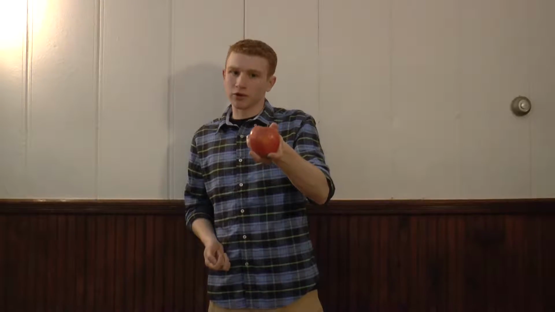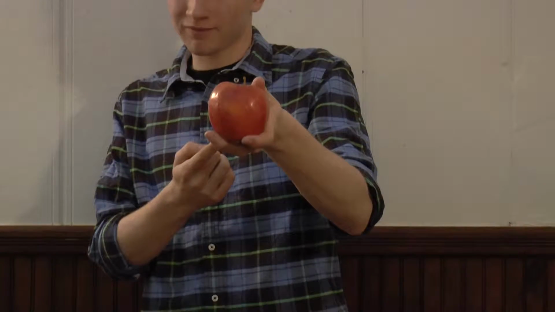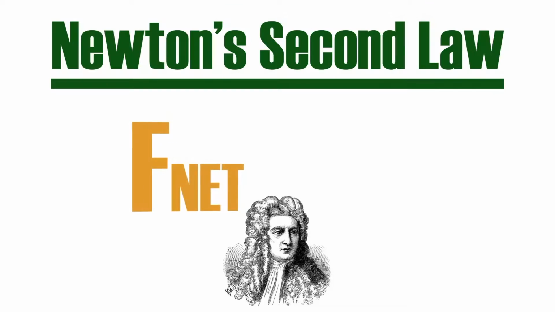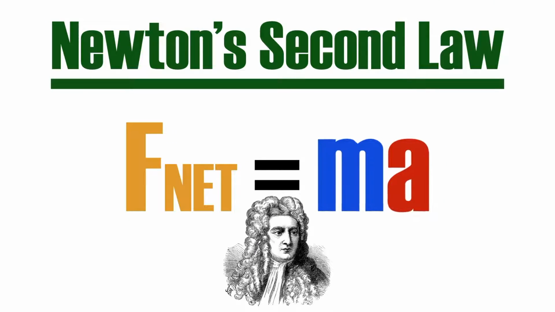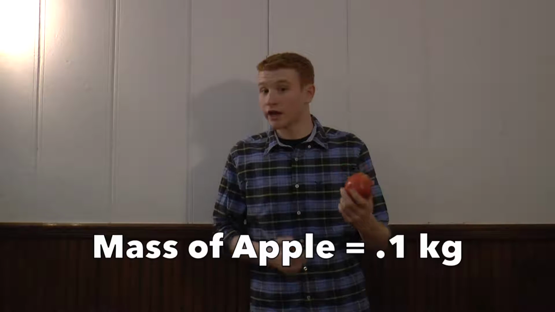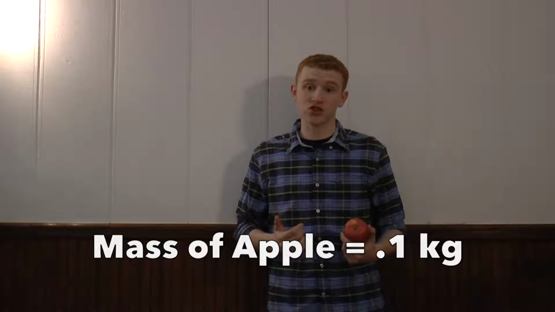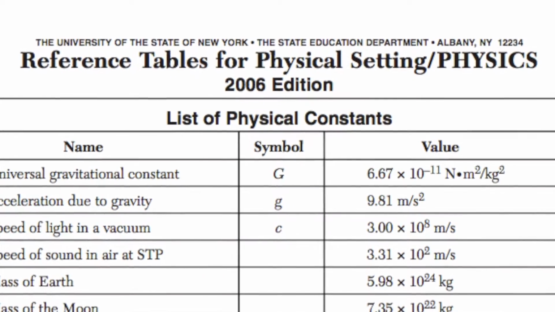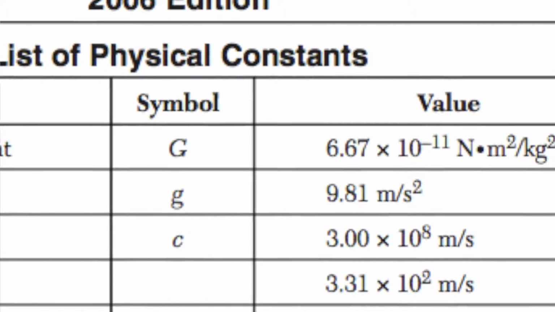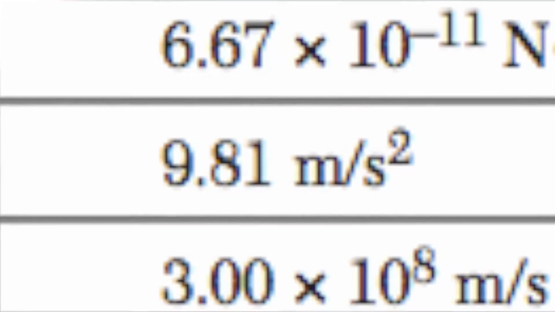So let's delve a little deeper into this apple. Using Newton's second law, F net equals mass times acceleration, we can figure out just how much force is working on this apple. This apple is 0.1 kilogram, and since we are on the planet Earth, we can check our handy-dandy reference table and see that the acceleration due to gravity on the planet Earth is 9.8 meters per second squared.